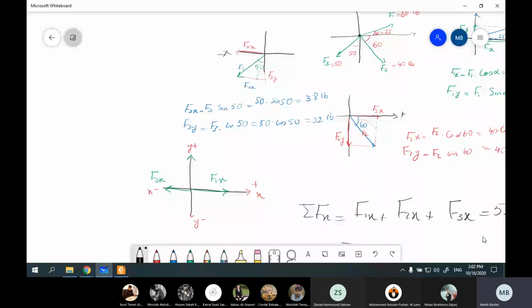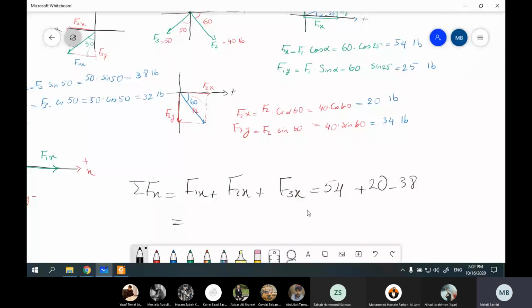Minus 38 pounds. That would be 74 minus 38 pounds.